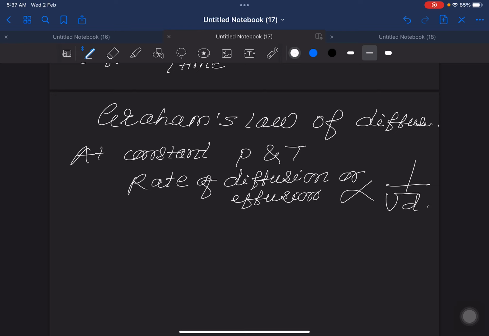This is the statement of Graham's law of diffusion.